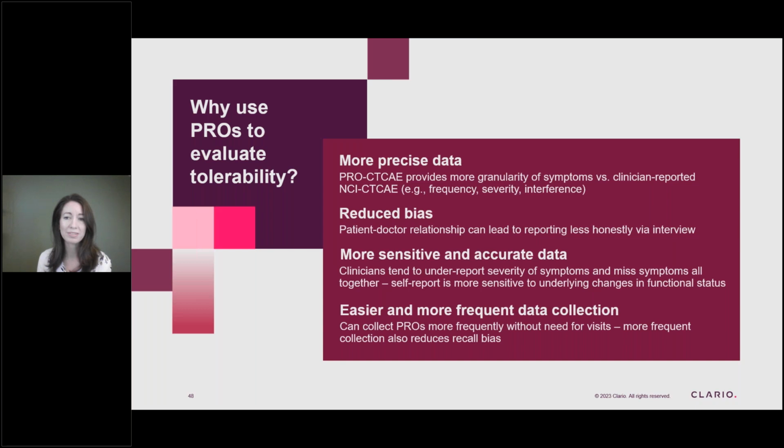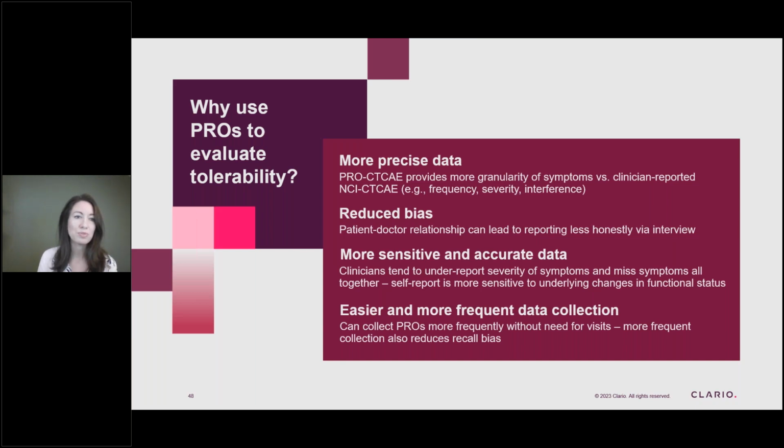And it's also important, if you go to the next slide, to incorporate PROs early in the drug development process as well. So the FDA representatives have said the earlier, the better for incorporating PROs for a number of reasons. If you go to the next slide, it's a way to optimize phase 3 PRO strategy.